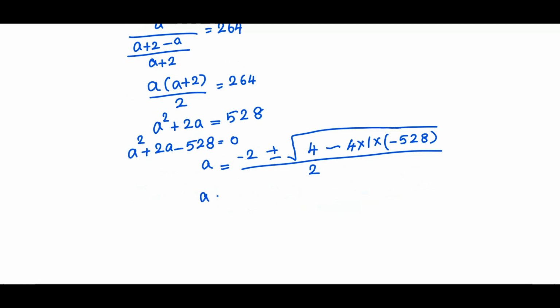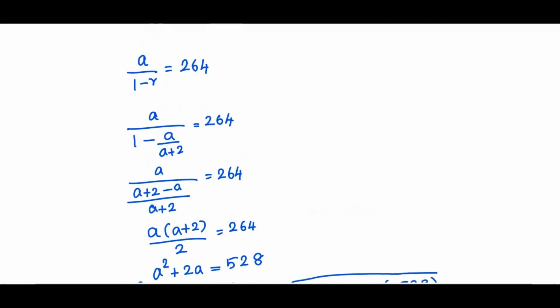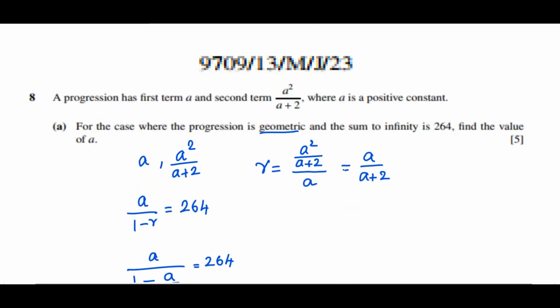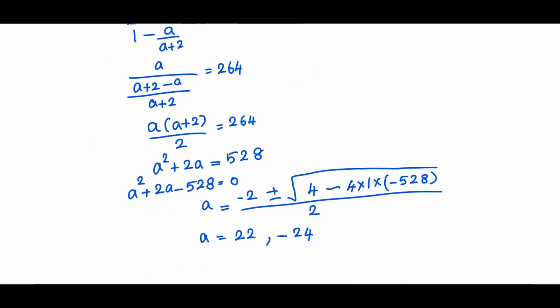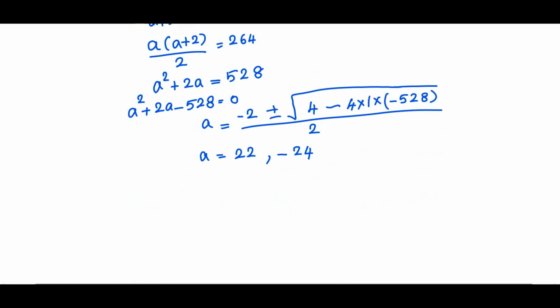So we get the value of a as 22 and minus 24. So it's given a is a positive constant, so the value of a is 22 only.